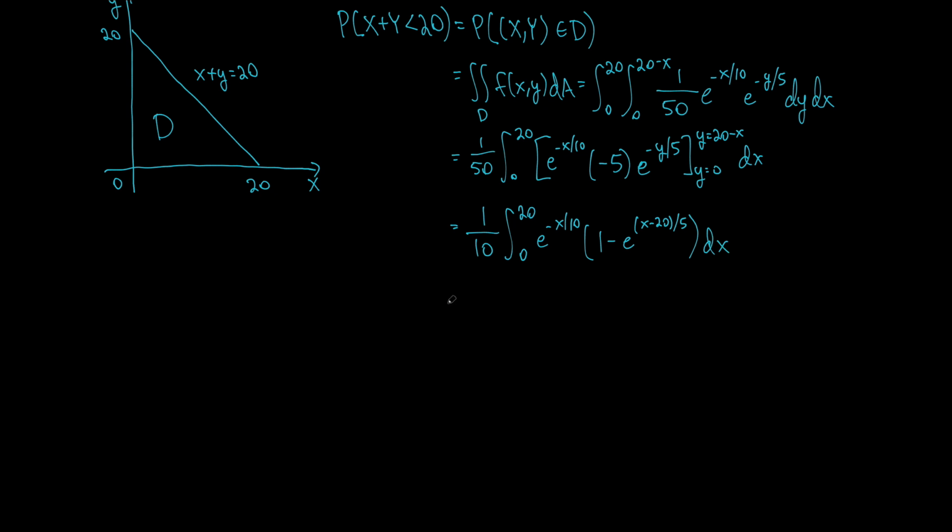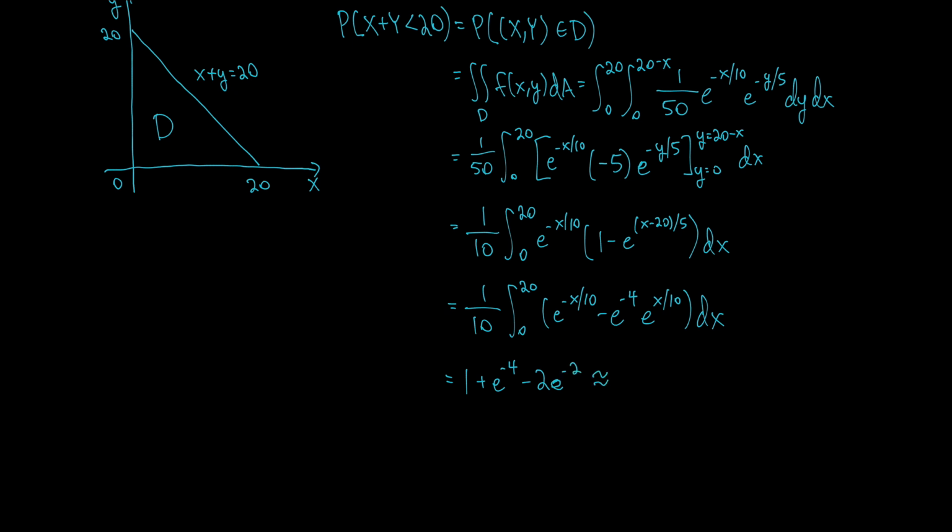And we get 1/10 integral from 0 to 20 of e to the minus x over 10 minus e to the minus 4 e to the x over 10 dx, which is 1 plus e to the minus 4 minus 2 e to the minus 2.